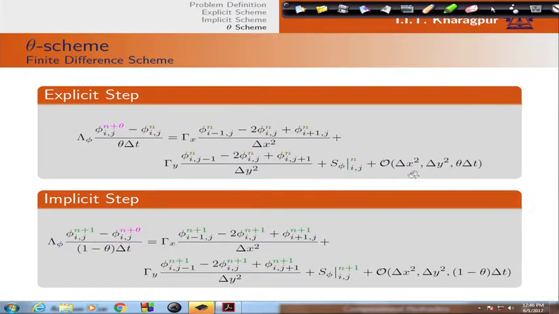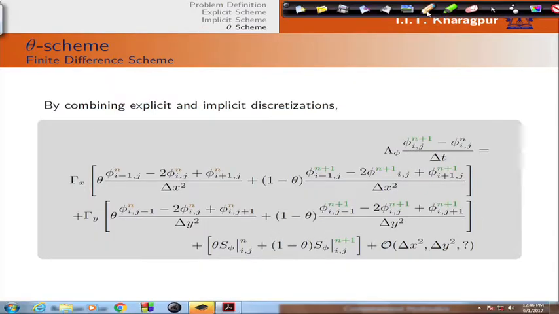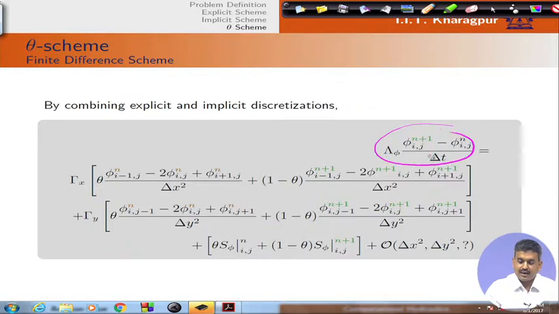If we combine these two steps, then we can write it as phi I j n plus 1 minus phi I j n, and this is some kind of weighted average theta, 1 minus theta for x direction, again theta, 1 minus theta for y direction.